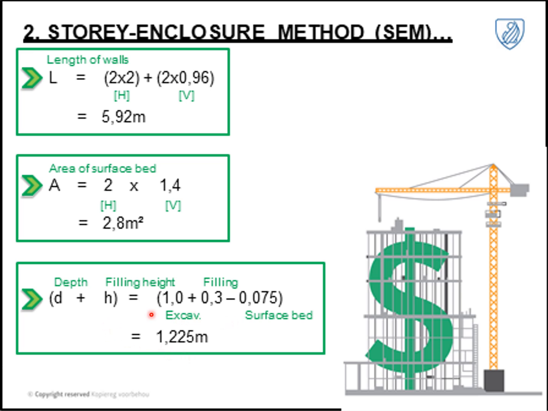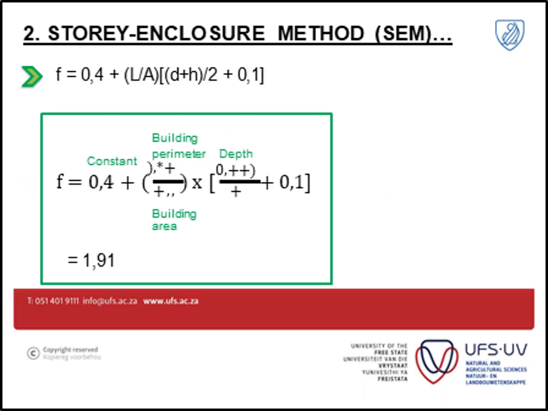So here, if you've got this filling calculated, you continue to just populate your formula to get to your factor. So it's a 0.4 plus the previous page building area and the depth plus 0.5, so you get a factor of 1.91.